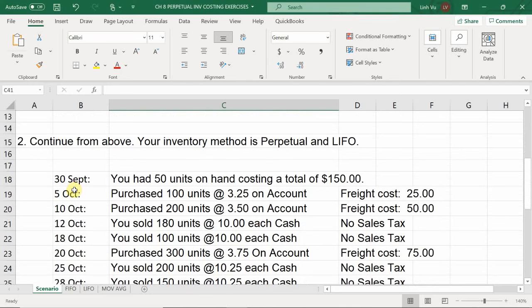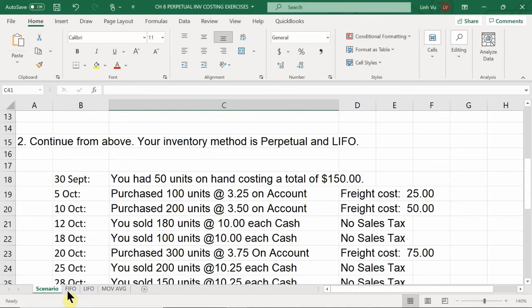So on number 2, it says continue from above, okay? But this time your inventory method is perpetual, and it's LIFO this time. Here we're given that on September 30th, we should have had 50 units on hand costing a total of $150, which is correct, right?